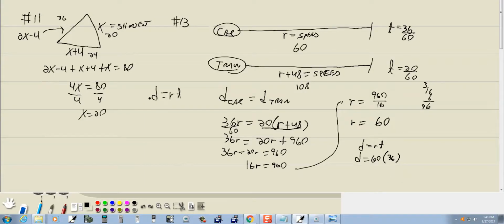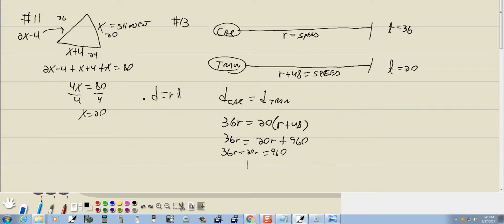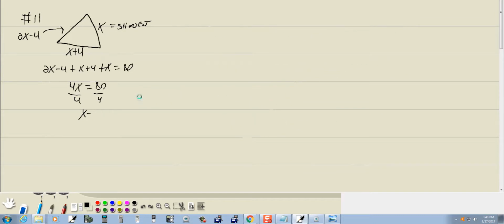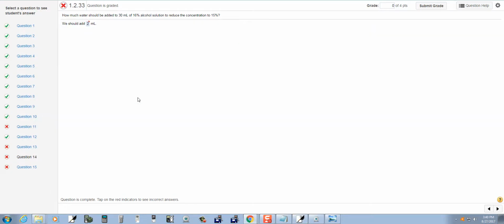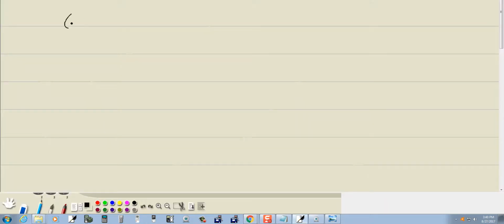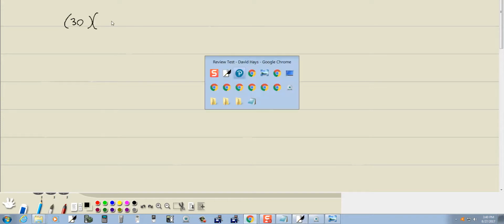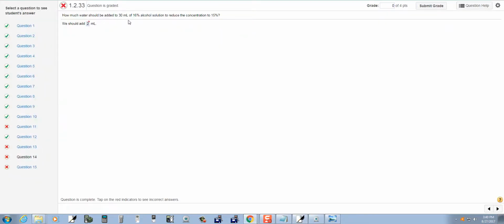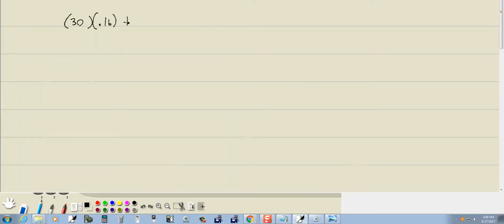Okay, let me clear these off. And I got: how much water should be added to 30 milliliters of 16% alcohol solution to reduce the concentration to 15%? Okay, so we got 30 milliliters of 16%. And I want how much water should be added.